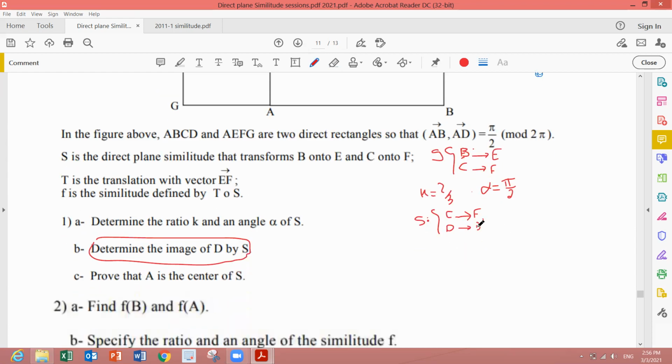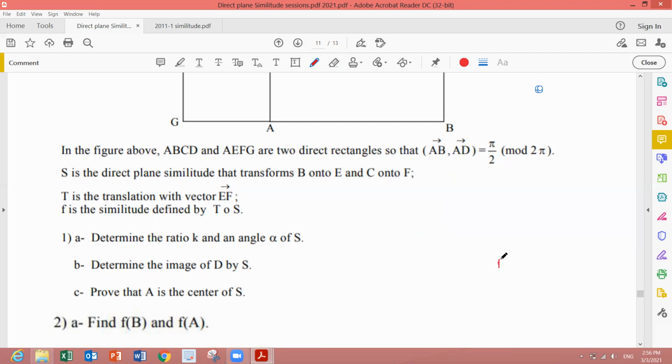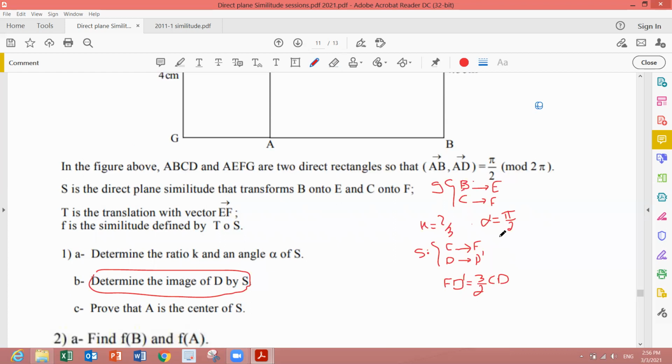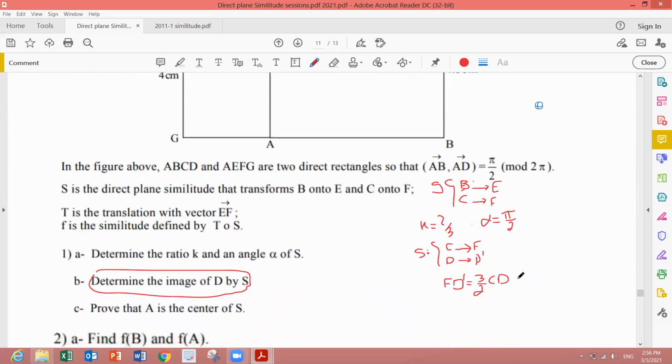Okay, what's happening? This one we will get FD prime equal 3 over 2 CD. How much is the length of CD? 6.